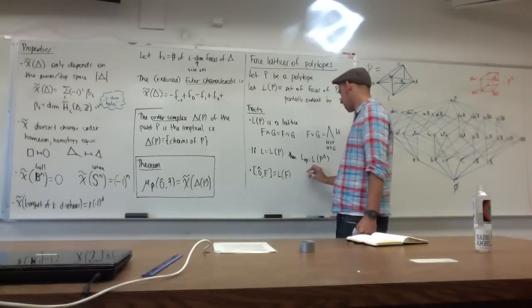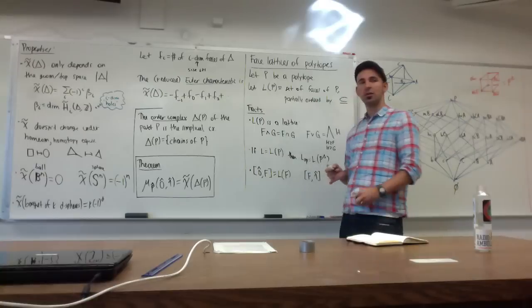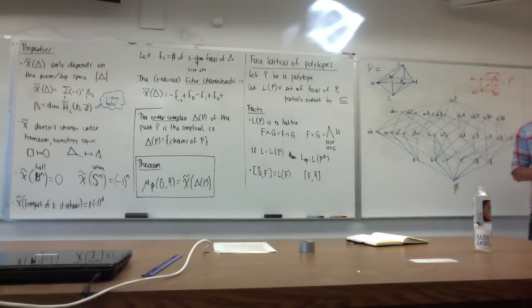What happens if you go from a face to the top? Is that a face lattice? Well, it kind of is for the dual, right? So if I'm going to go from F to 1, then I can flip my polytope, and that's going to be from the bottom to F polar.